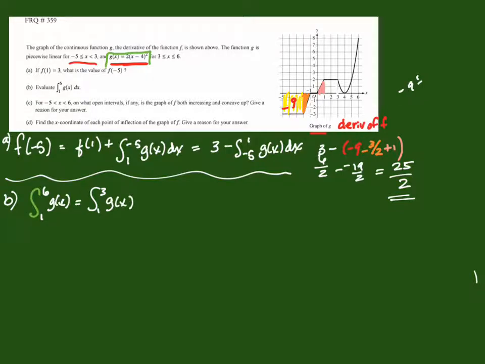I can do it using geometry, right? Just this yellow. I'm going to color in this yellow. This guy, 1 to 3. So you can tell that that is going to be 2 times 2, so 4.